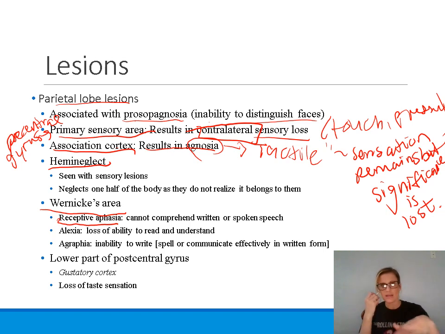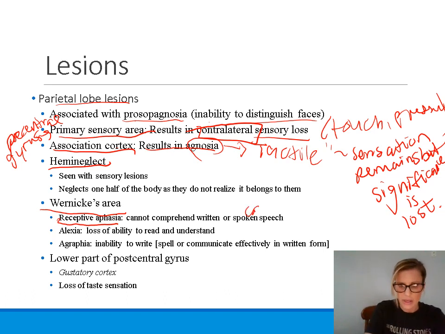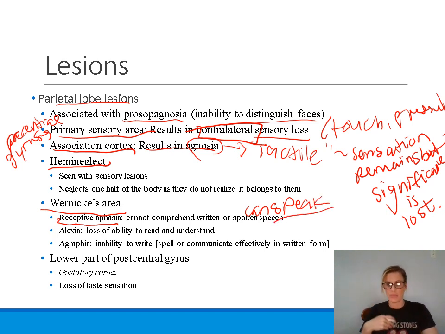Okay, so if somebody is speaking to you, you don't understand what they're saying to you. If somebody writes something down, you can't read it and understand what it's saying. You can't take anything in, but you can speak. Okay, so you don't lose the ability to speak. You just can't receive that speech.